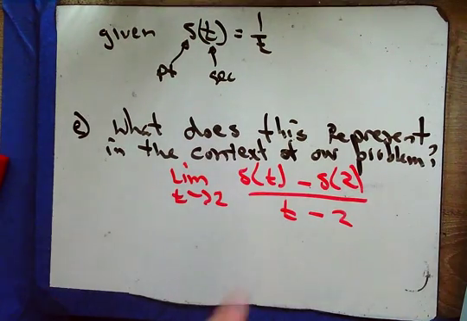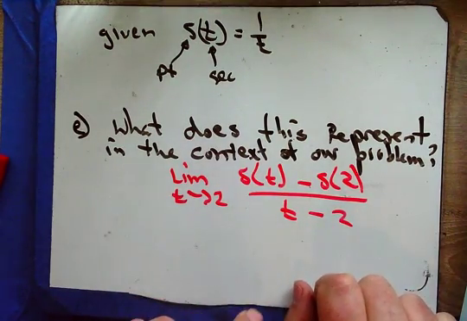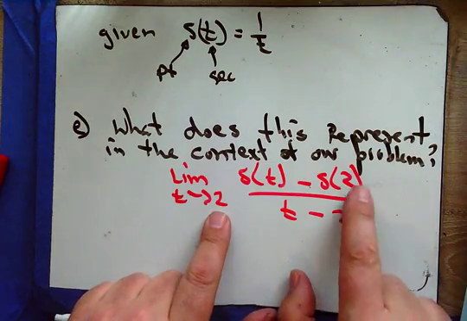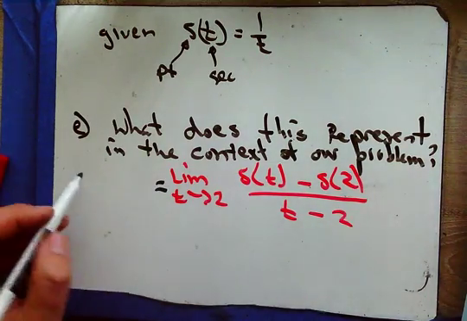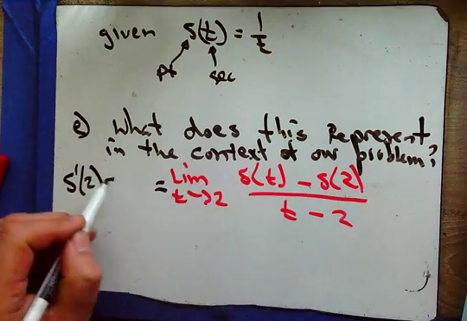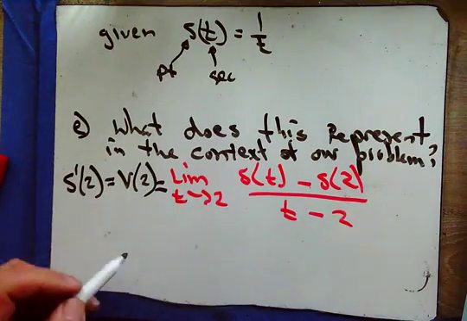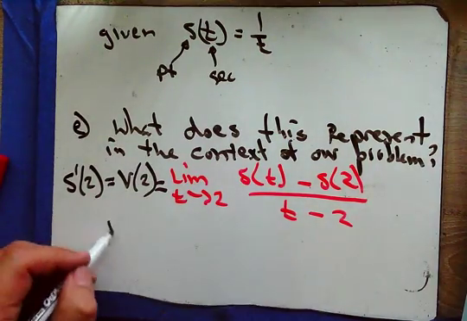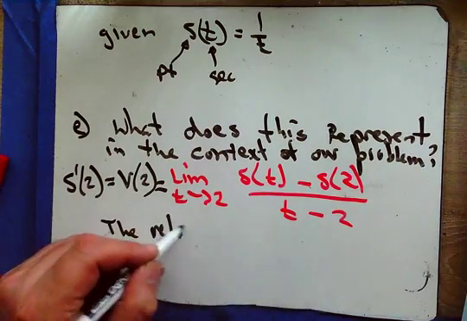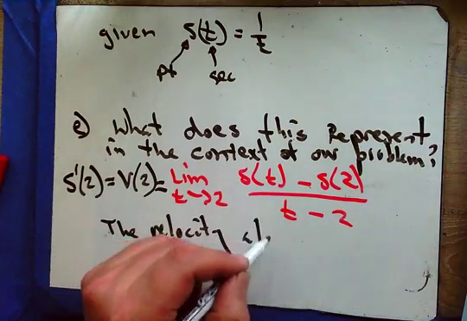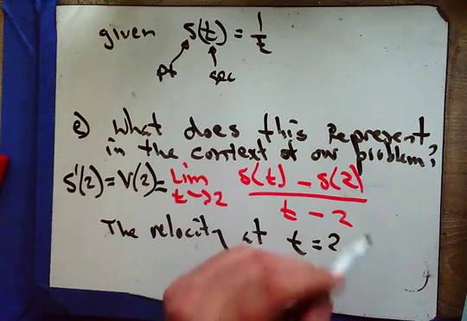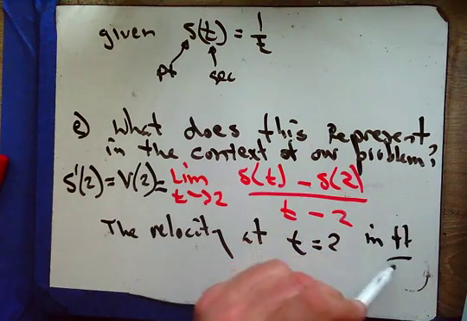On which function? S. At what point? 2. So this is s prime of 2 or v of 2. So this represents the velocity at t equals 2 in feet per second.